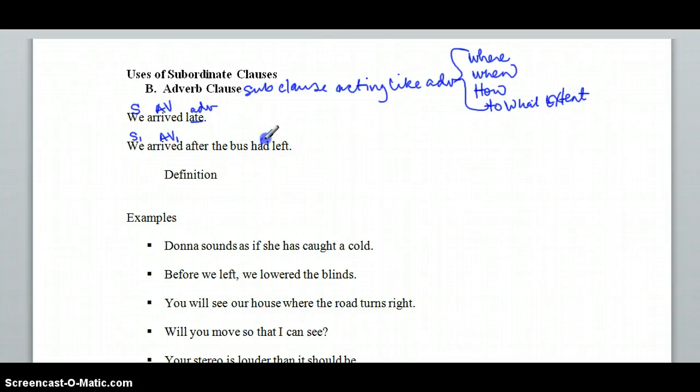Here is another action verb, who or what, the bus had left. After is one of those key words, those subordinating conjunctions. What is this telling us? It's telling us when we arrived. And so that makes that whole clause an adverb. So let's look at a few more examples.